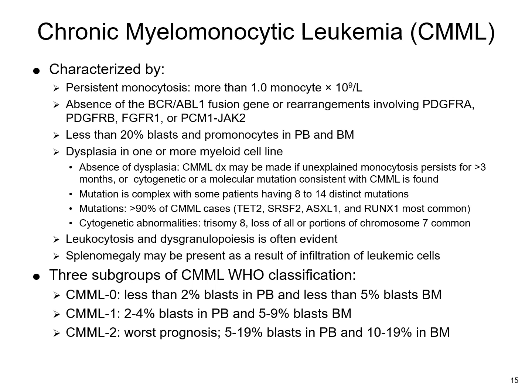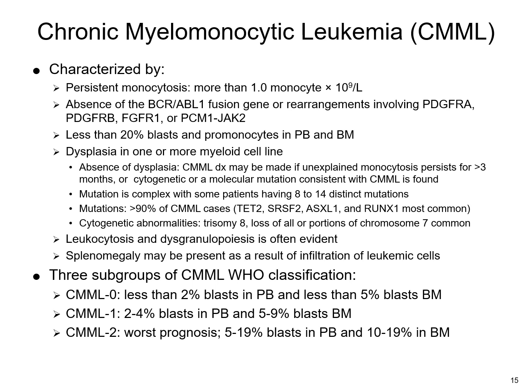There are 3 subgroups of chronic myelomonocytic leukemia recognized by WHO, and those are based off of the blast percentage, which is a factor in the survival of those patients. Here we have them listed, with CMML-0 with less than 2% blasts in the peripheral blood and less than 5% within the bone marrow.